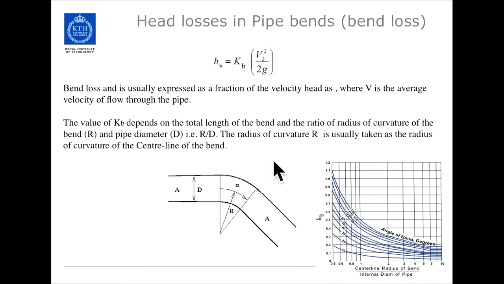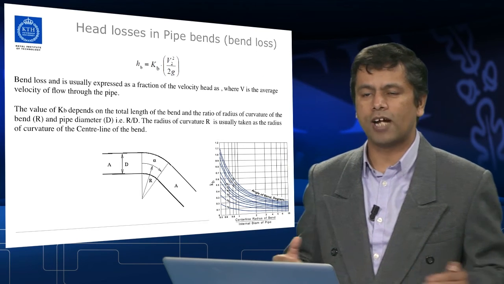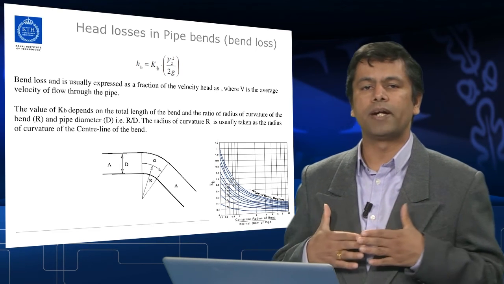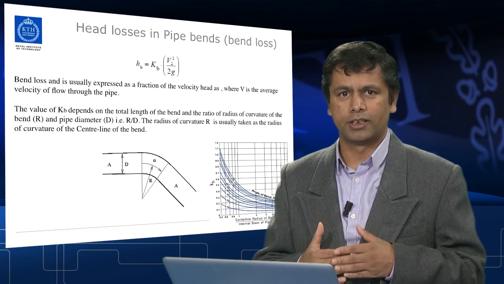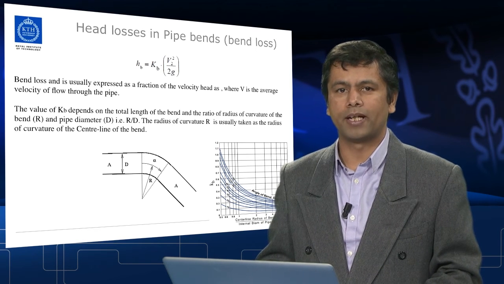it also depends upon the ratio of the radius of curvature of the bend and the pipe diameter D. The radius of curvature R is usually taken as the radius of curvature of the central line of the bend. So what does that mean? If there is a bend of, let's say, 60 degrees, then you cannot put one bend of 60 degrees.